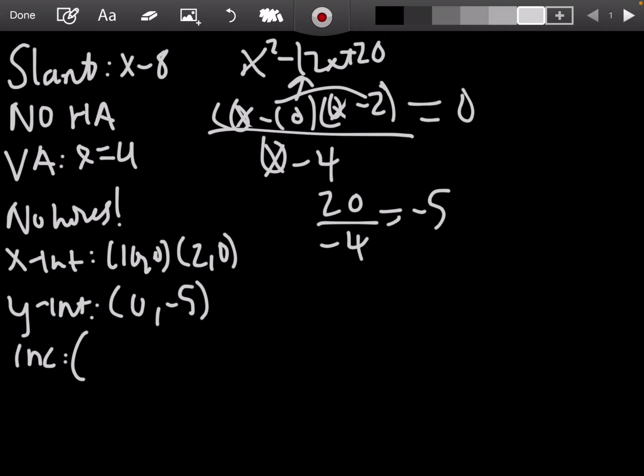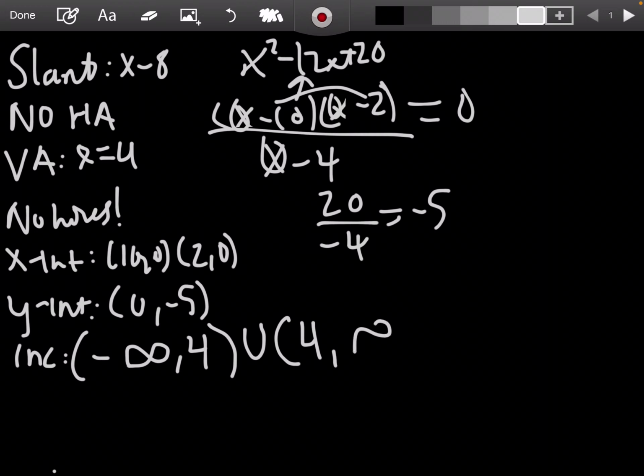So it will be negative infinity to 4, because that's where the vertical asymptote is, union, and then starting again at the vertical asymptote and going to infinity. Because it was increasing the entire time, there is no decreasing interval. None.